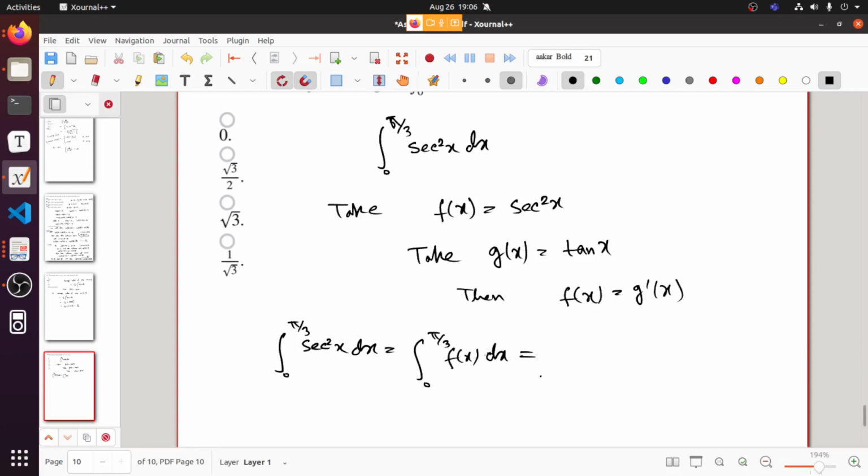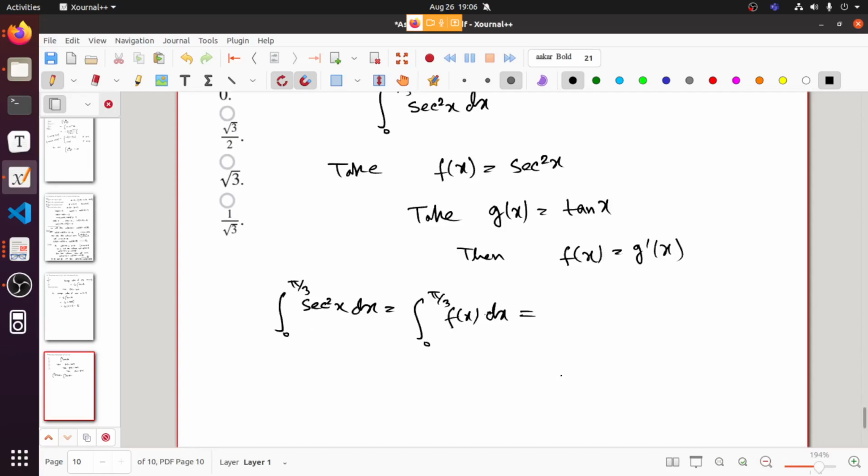So now by the fundamental theorem of calculus, it will be g of pi by 3 minus g of 0, right? So what is the value?